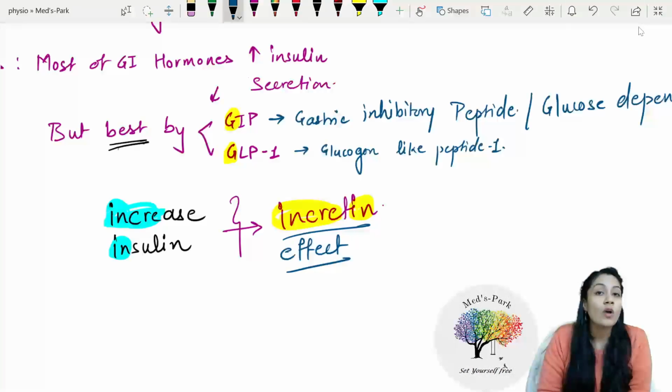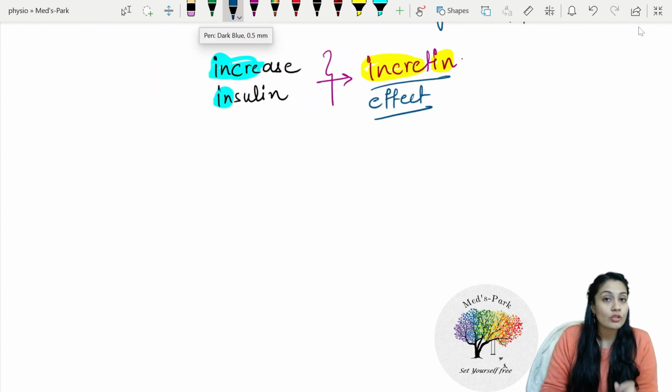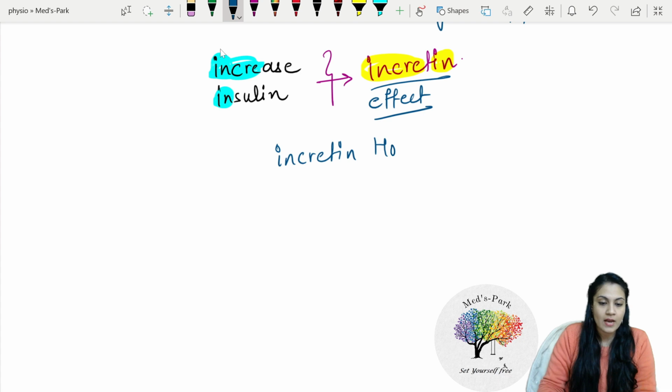Remember which hormones are responsible for the incretin effect, that is GLP-1 and GIP. These hormones are also known as incretin hormones. So if they ask about incretin hormones or incretin effect, you have to write about GIP and GLP.